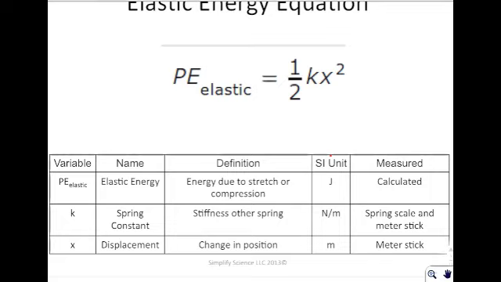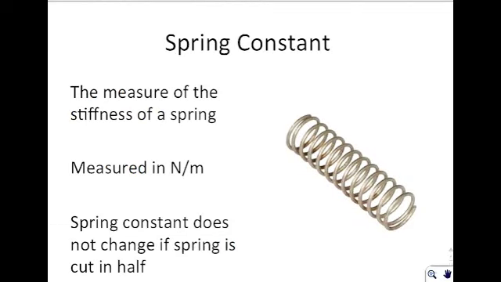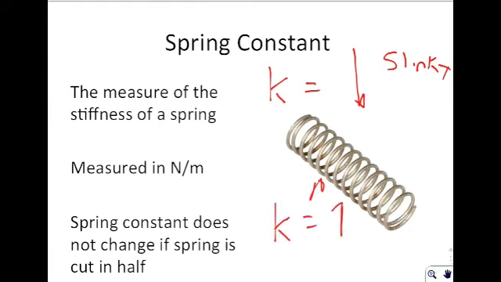But before we do that, let's refer back to k. k is the measure of the stiffness of a spring. You've probably played with a Slinky before, and a Slinky is really easy to stretch and compress. Because of that, its k value, or its spring constant, is very low for a Slinky. You've also maybe seen a trampoline spring, which is what you see here. A trampoline spring is very difficult to stretch, so we would say that its k value is very high.